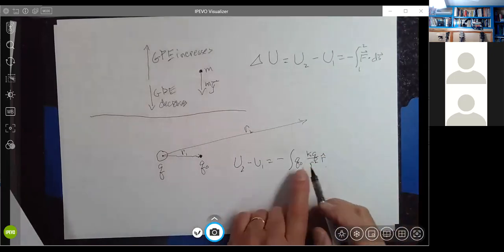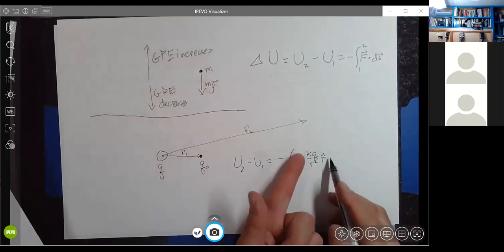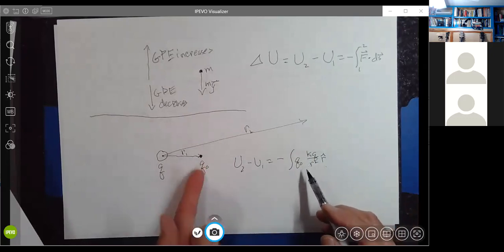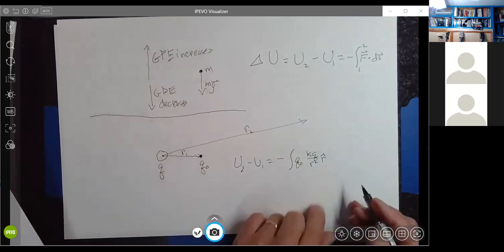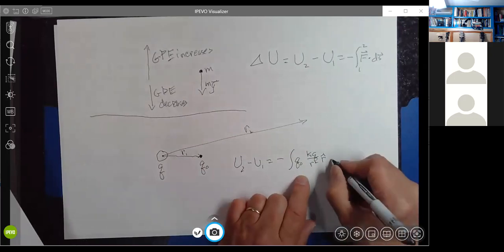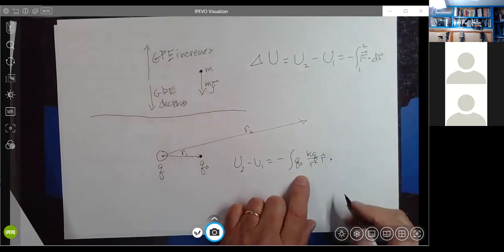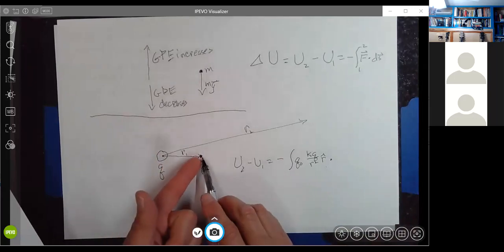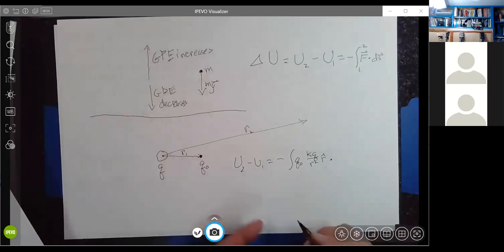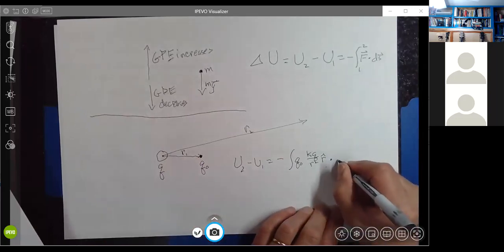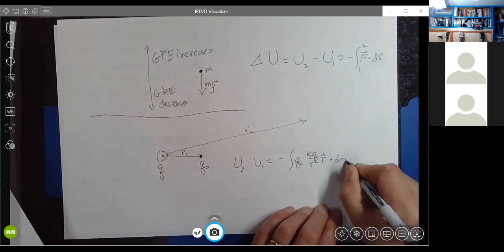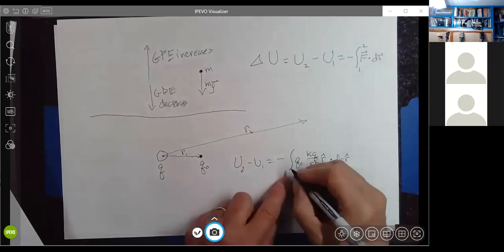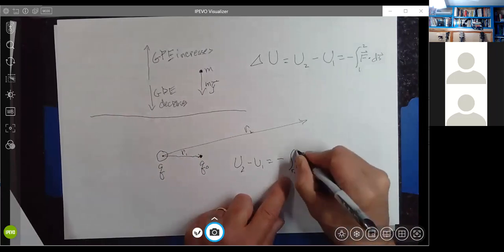If I multiply the electric field by Q naught, it becomes the force acting on that charge Q naught. I dot that with my little vector change in position, which can be written simply as dr in the r hat direction. And I'm going to integrate from R1 to R2.